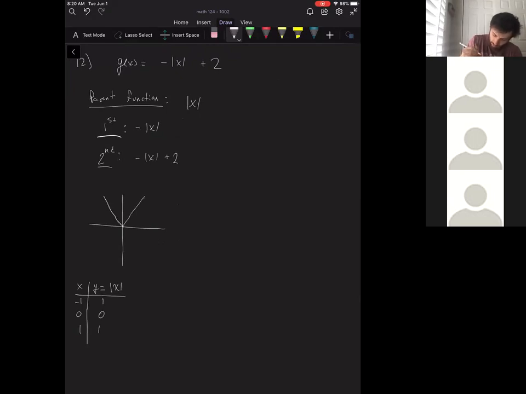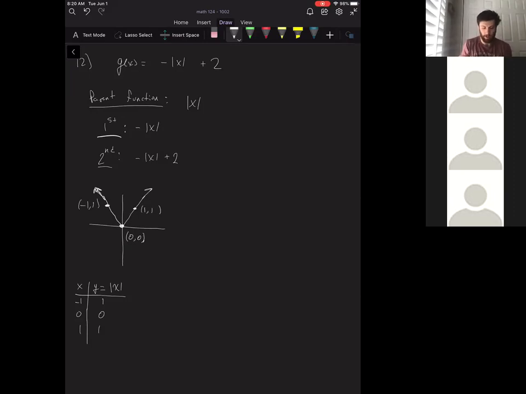So it's not a parabola, even though it has those same points as the x squared like we had above. It just happens that the absolute value of x looks like this. It's a V shape. So we have these points: minus 1, 1, then 0, 0, and positive 1, 1. Okay, so here's the graph of absolute value of x.